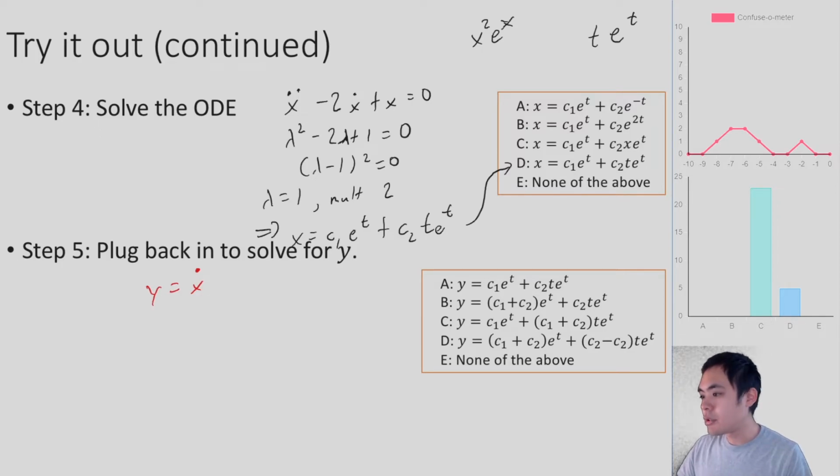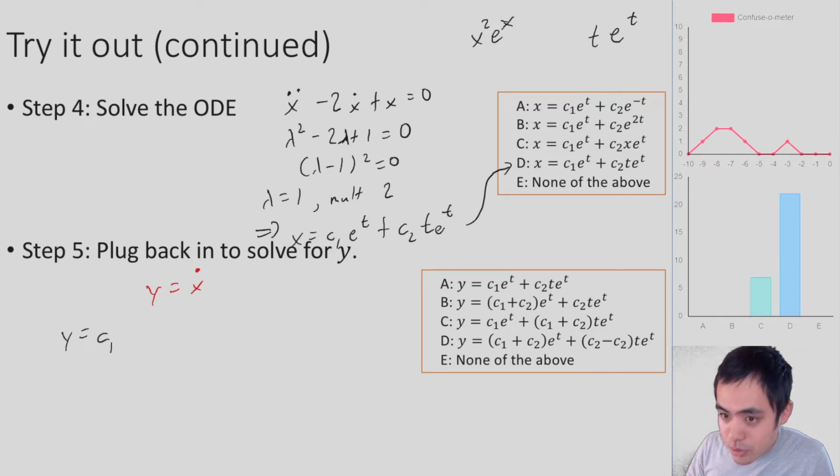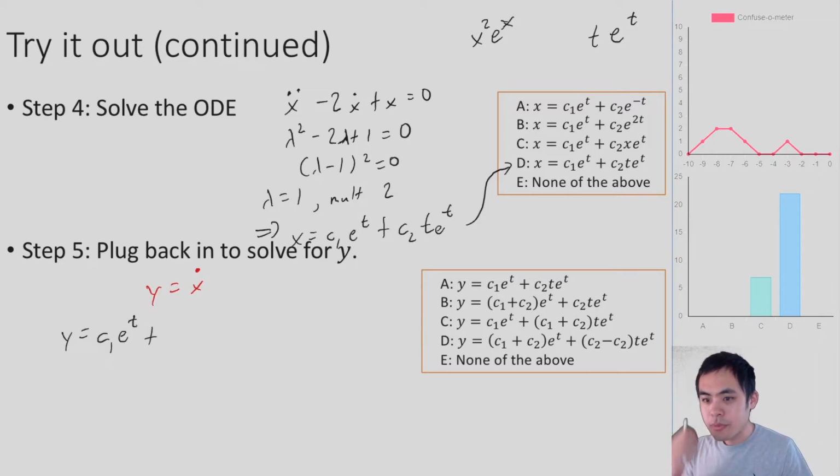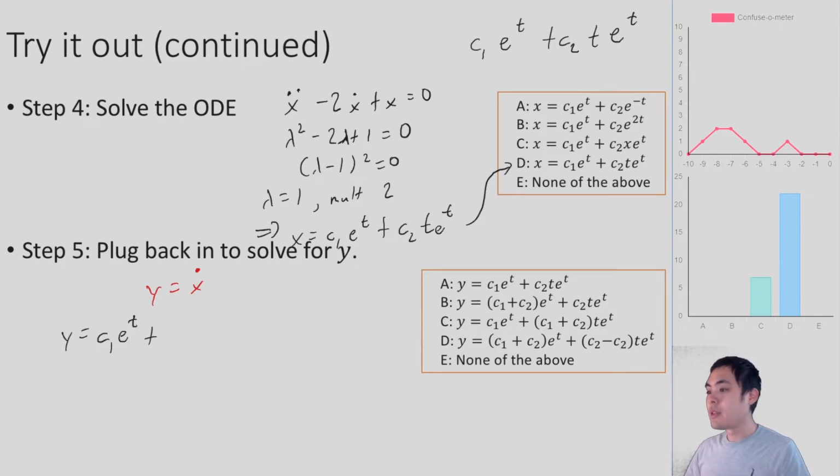Okay, and it looks like people have been replying to this one here. So y is equal to x dot, and so then y is equal to c1 e to the t plus, and you have to make sure to use the... yeah, so here what we have is both this and e to the t are solutions, and so then you take c1 plus that plus c2 times this.